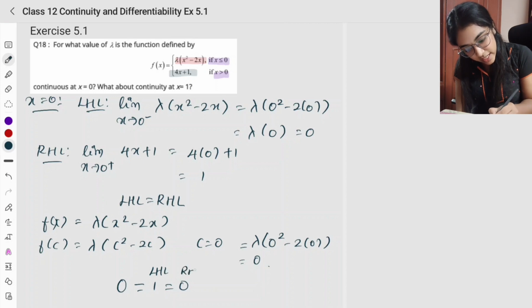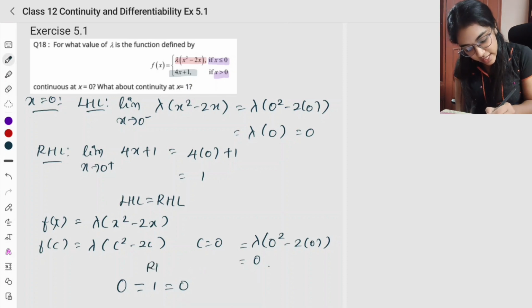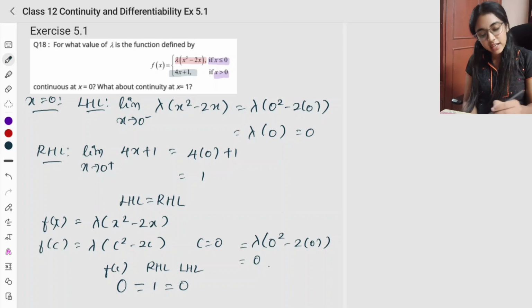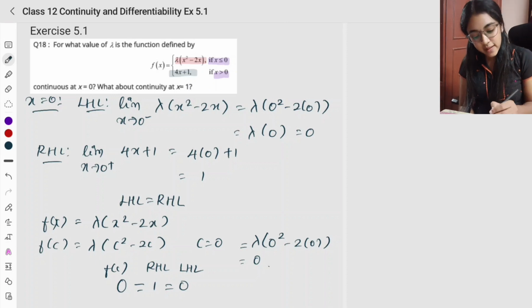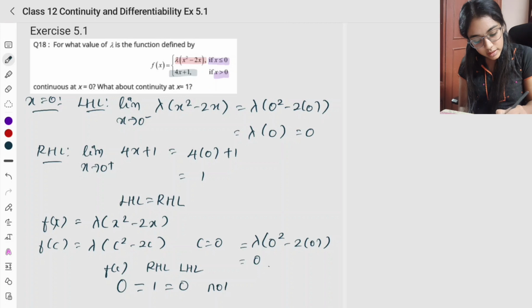This is my right hand limit, this is my left hand limit, and this is my f of c. I see that all three are unequal. Correct? I cannot have 0 equals 1 equals 0. So it is not continuous. Not continuous for any lambda.